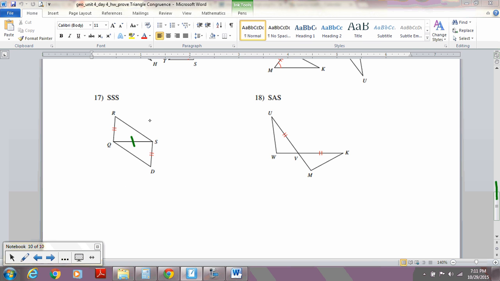In order to use side, side, side, all sides need to be congruent. So RS would need to be congruent with QD, or in the proper order, so if I say RS, then I should probably be saying DQ.